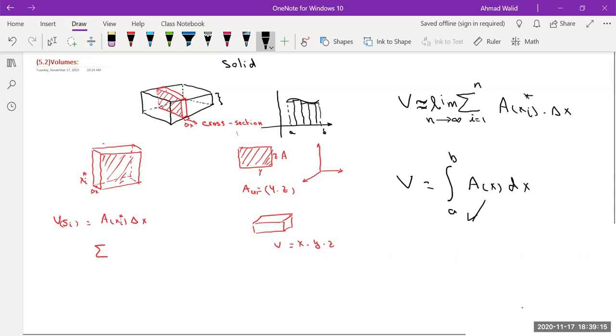A(x) is, remember, the cross section area, and your dx is the length. Your A(x) is the cross section. This will be a formula for you to find the volume of different shapes in calculus. Correct?